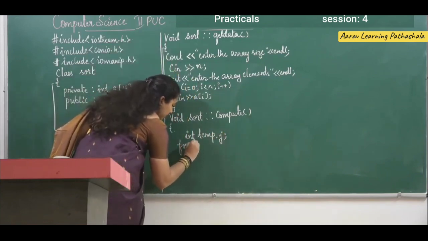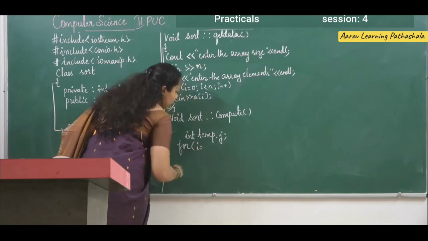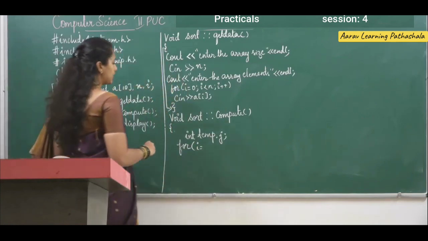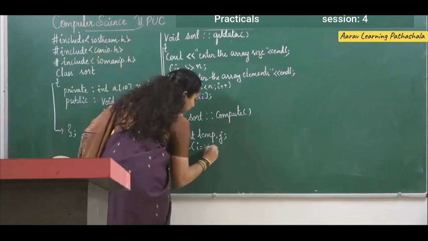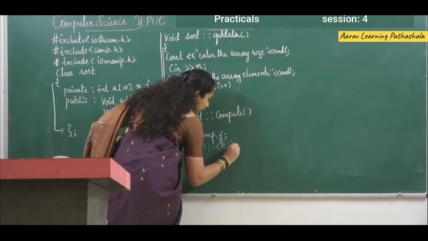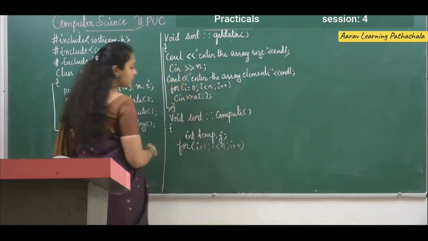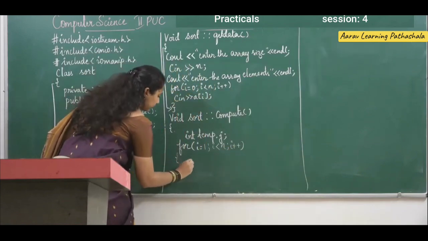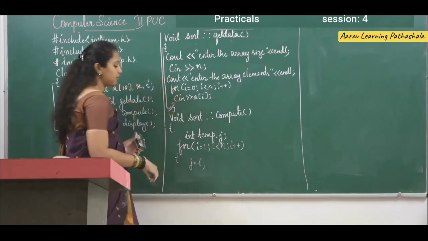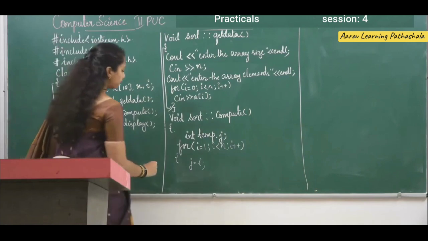For comparison, it starts from the first position. So for i is equal to 1, i less than n, i plus plus, I am going to assign the value of i to the variable called j.